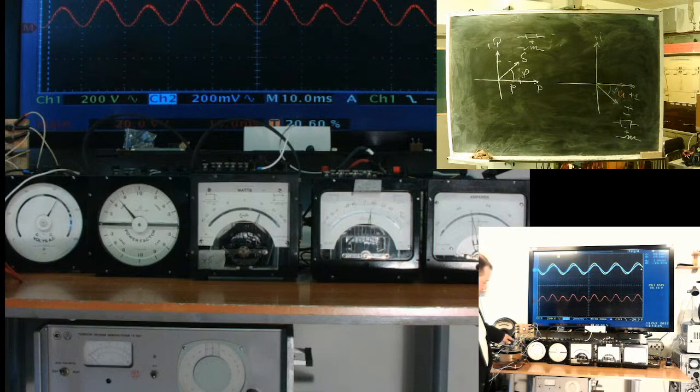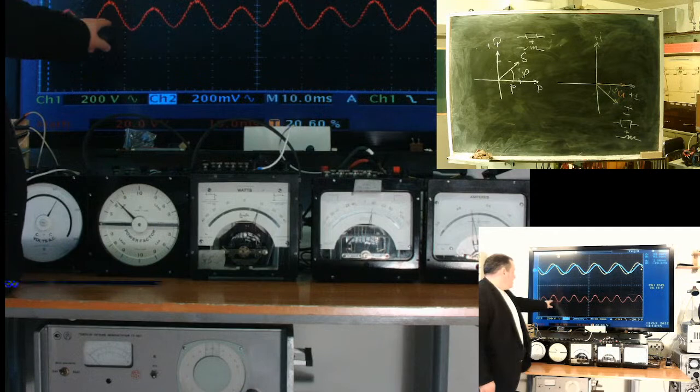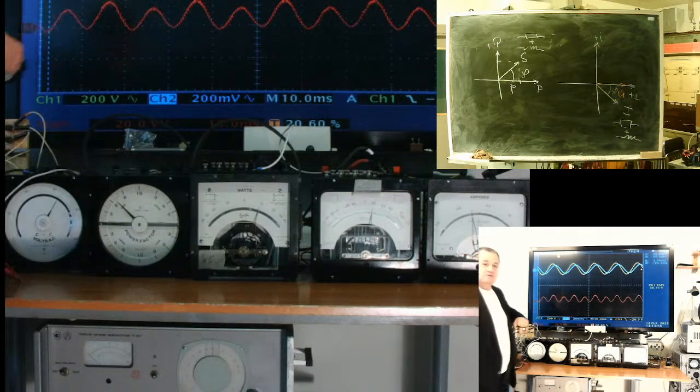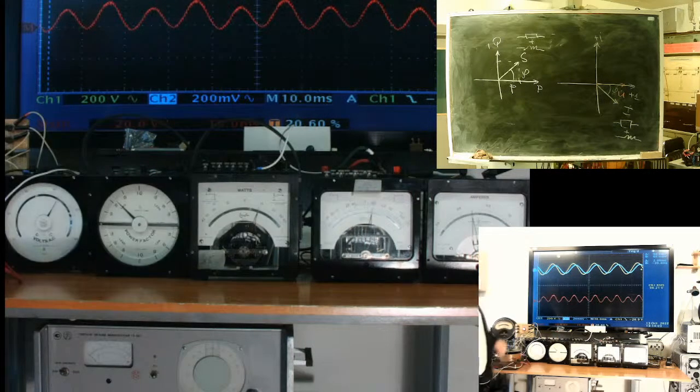Now, make it more visible. 0.7, phase shift 45 degrees, and you can see these negative parts or negative intervals in the instant power.